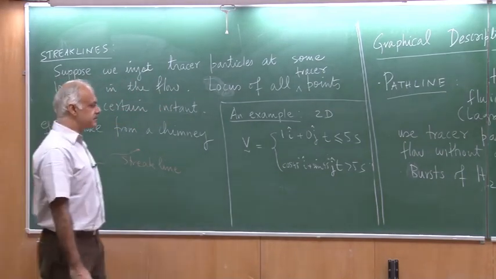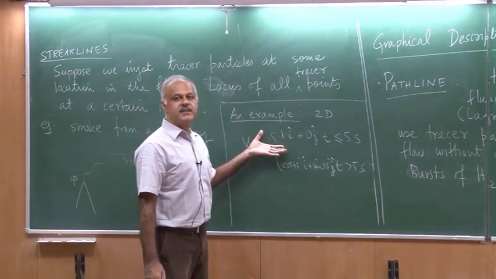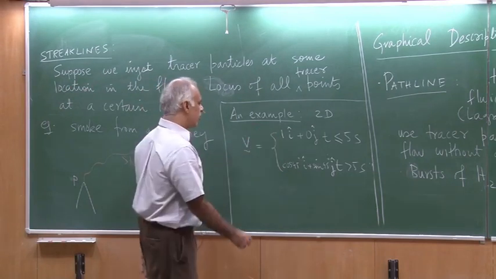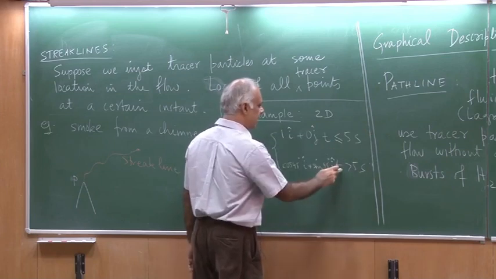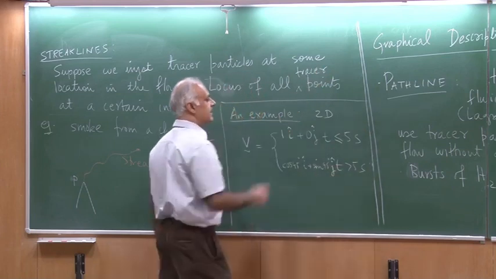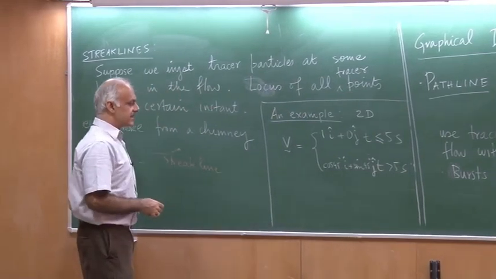Okay, so essentially the flow is suddenly turning directions. So till 5 seconds it was in the x direction, and then after 5 seconds it actually goes at 45 degrees to the x axis.